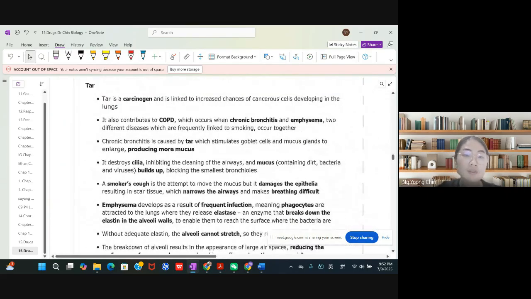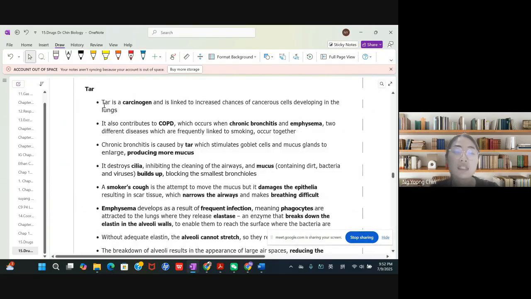Okay, so what is the effect of tar? Tar is carcinogenic. What is meant by carcinogen? A carcinogen is a substance that can cause cancer. Any substance that causes cancer, we call a carcinogen. So whenever you see a product labeled with carcinogen, you need to be very cautious because it can harm your body. It increases the chance of cancerous cells developing in the lungs.